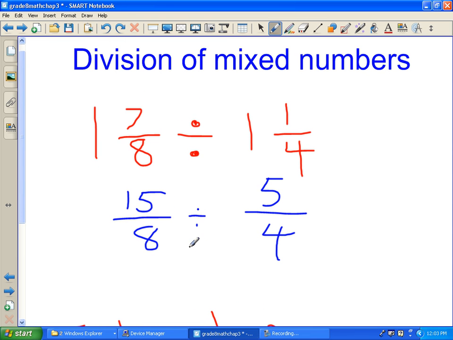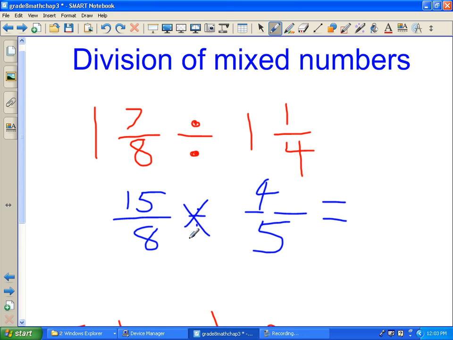Now we can go ahead and simply take that and flip them around. So if I take this and flip these two numbers, it would be 4/5. So I'll put my 4/5, and it's now times.